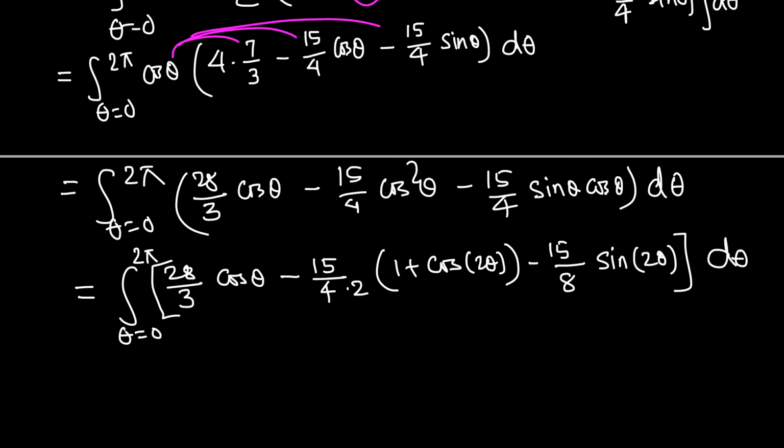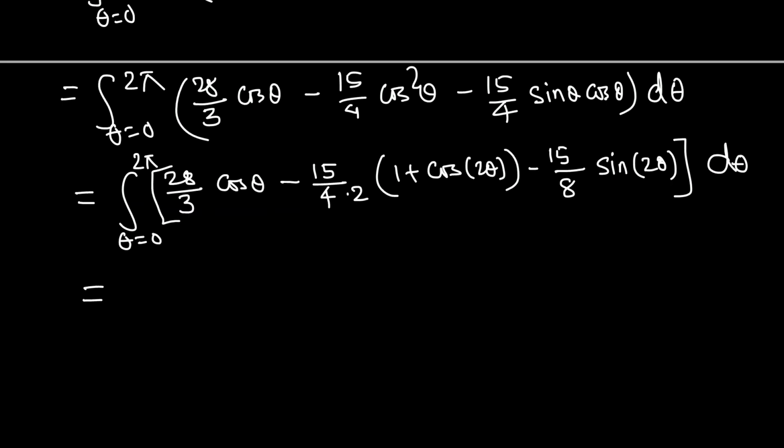So we get this, okay, 1 plus cosine 2 theta over 2 I'm writing here, and I divided by 2 and multiplied by 2, so divided by 2 means 8, and 2 sine theta cosine theta is sine 2 theta. Now we are ready to integrate, so let me do over here.